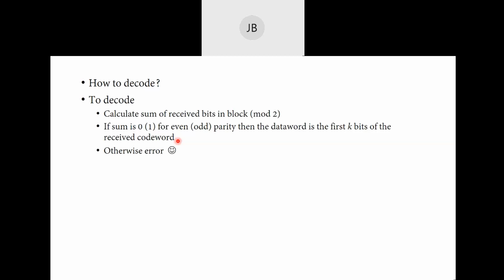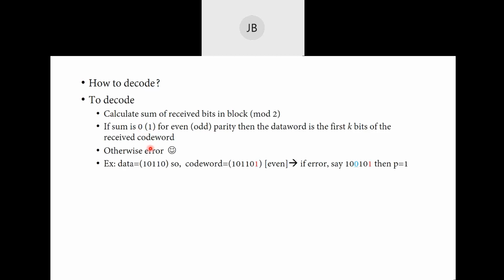Otherwise, there is an error. So in case of even parity, what we have seen in the previous slide, the sum should be 0 at the receiver. Then, except for the parity bit, everything before will be the data word. If the sum is not 0, then it means there is an error.